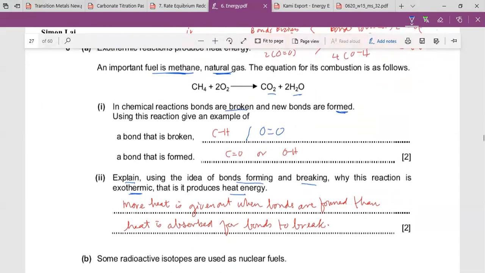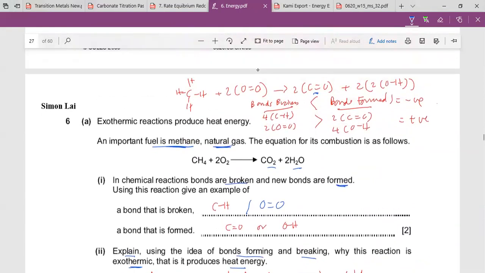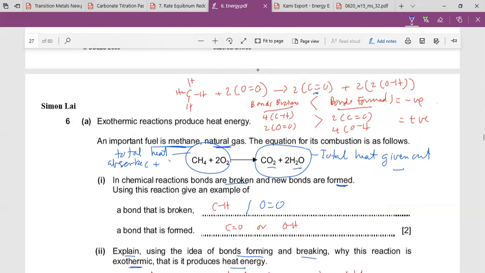Now remember, the total heat given out is negative, and the total heat absorbed is positive.